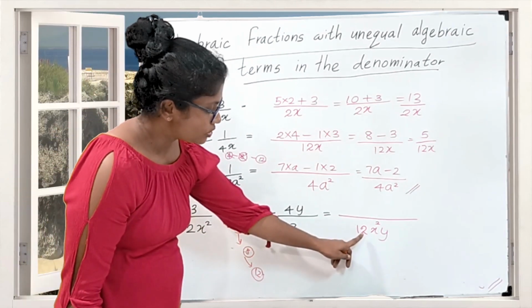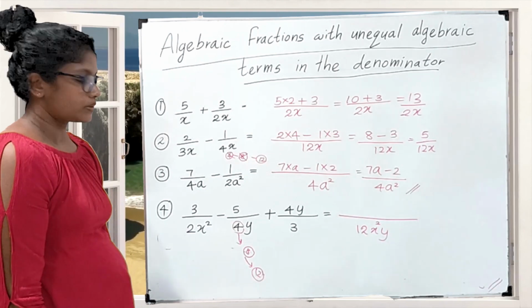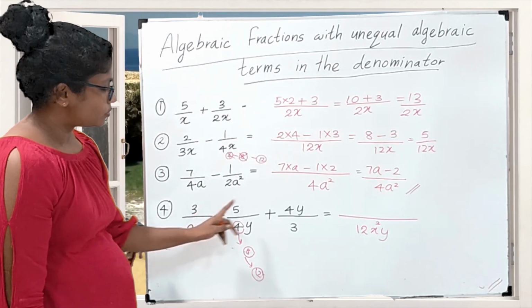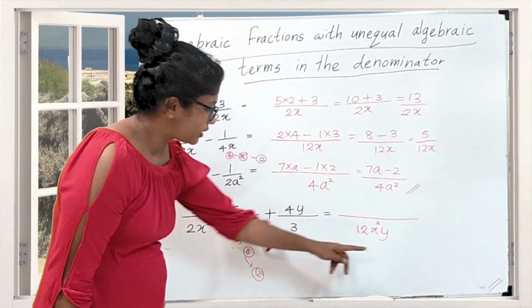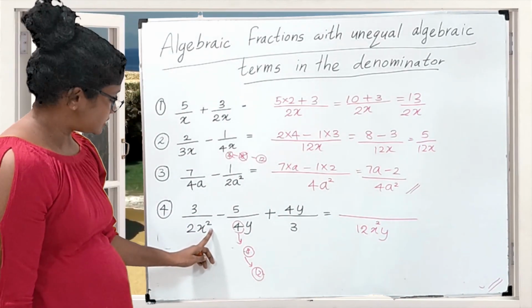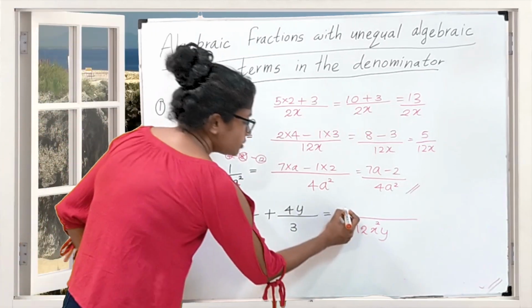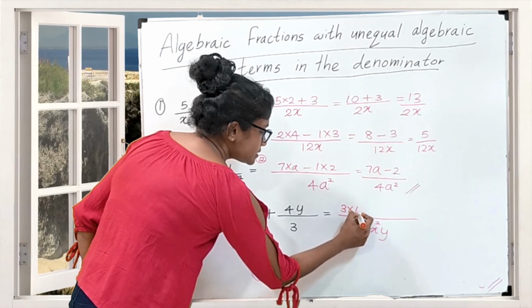Then here 12x squared y. Then to be 12x squared y, we have to multiply this by 6y. So 3 also multiplied by 6y.